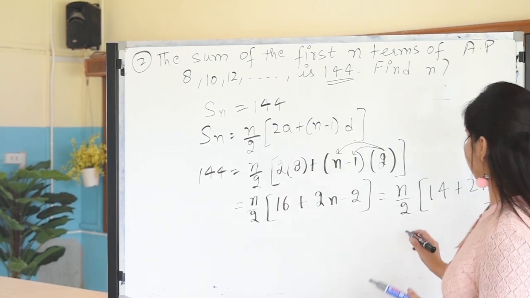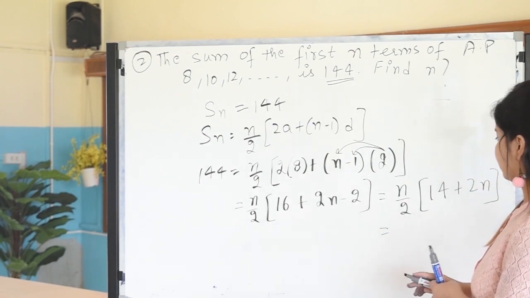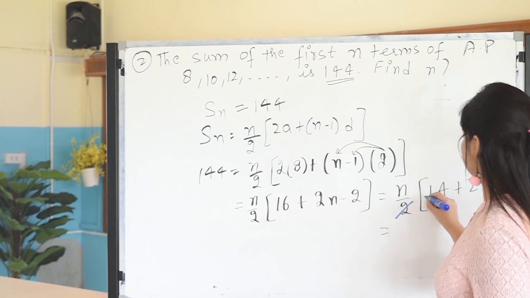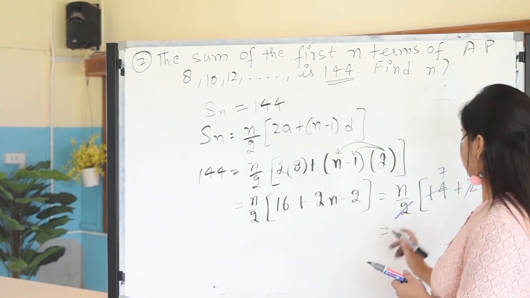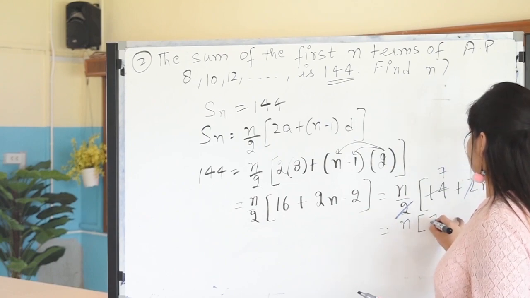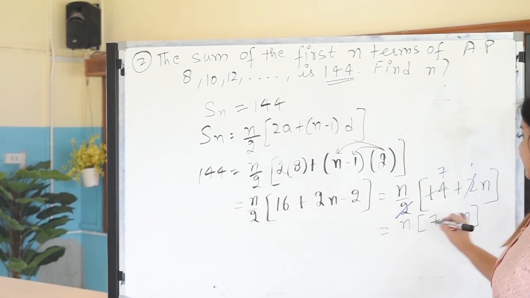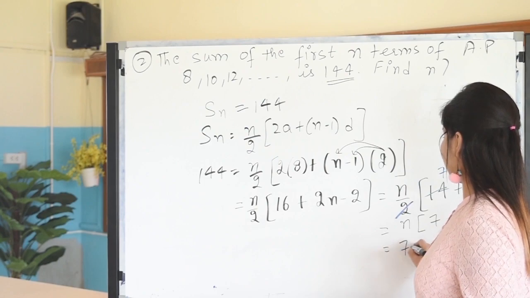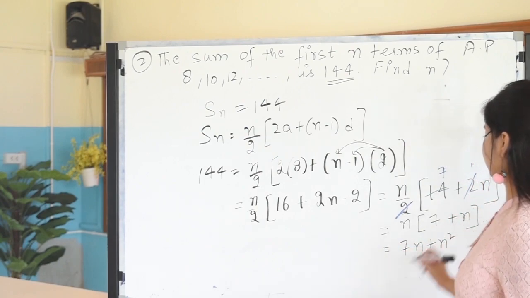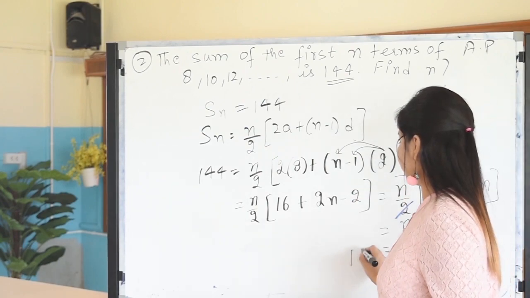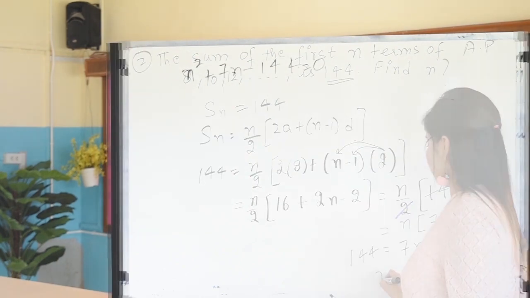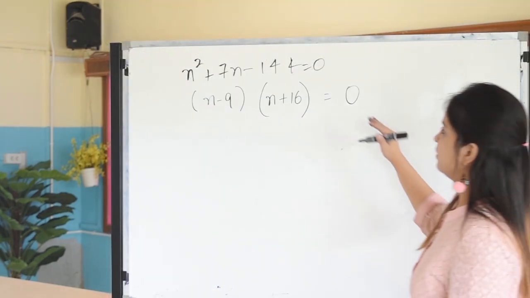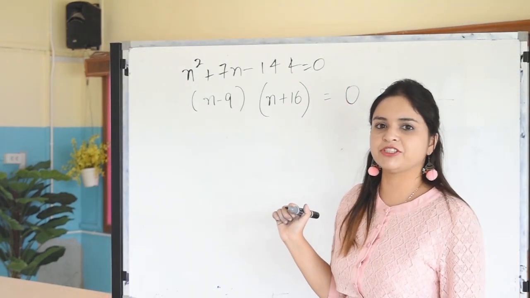Or you can say, if I cancel, this will become n times (7 plus n), or 7n plus n squared. And on the other side, I have 144. Now, rearrange this. This is my quadratic equation.